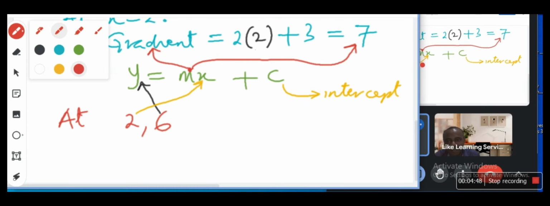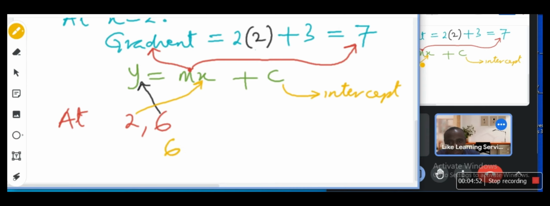So this gives 6 equals, y equals, so it becomes 6 equals m, which is 7, times x, which is 2, plus c.